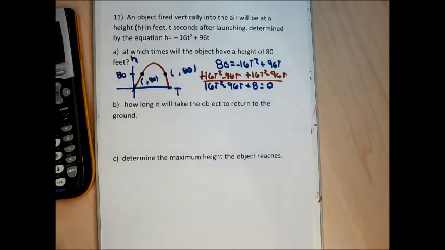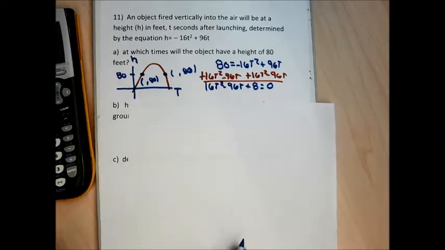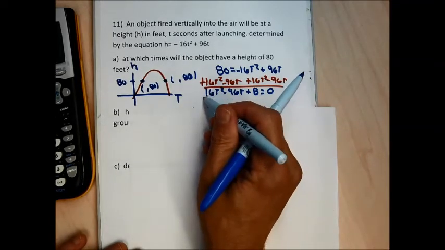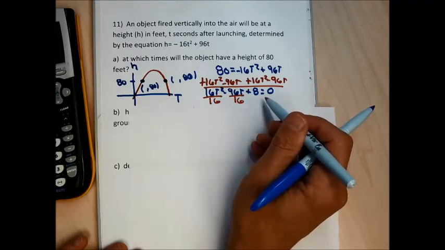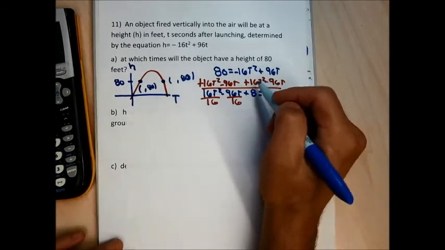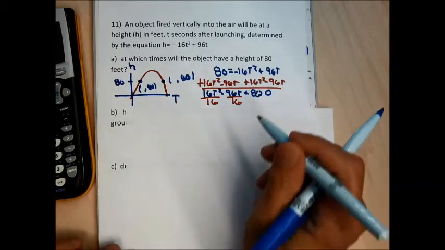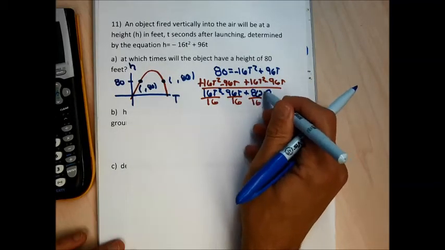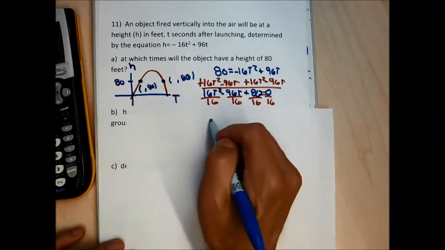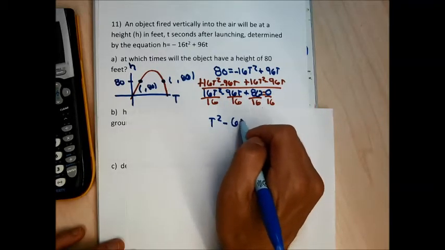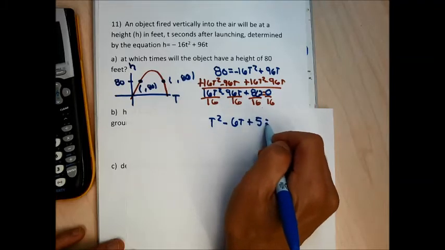I can use the quadratic formula to solve that if I care to. If I'm clever, I realize that each one of the numbers is divisible by 16. This should be plus 80. And if I divide each of those numbers by 16, I'm going to get t squared minus 6t plus 5 equal to 0.